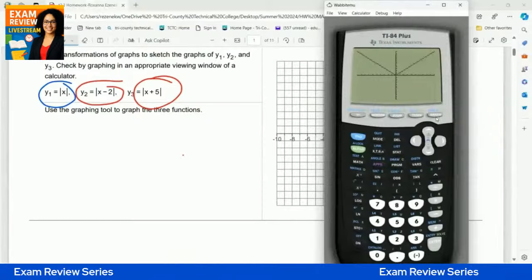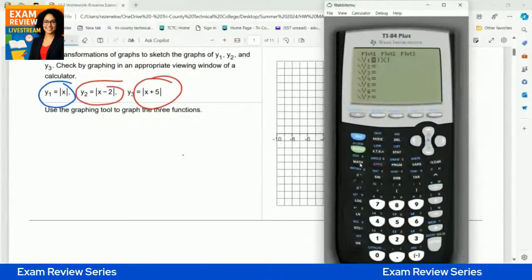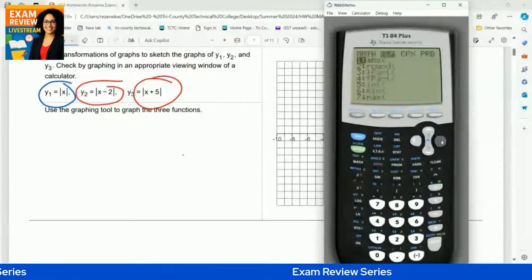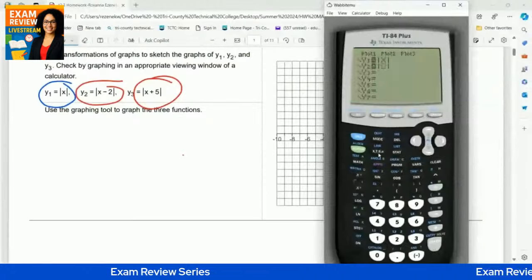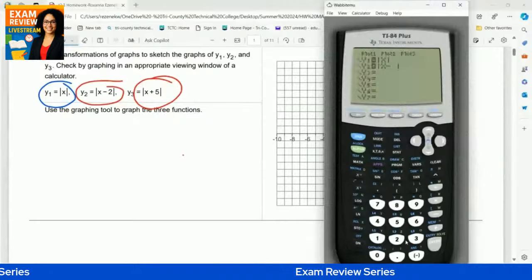Now I am going to do a horizontal translation. So I'm going to pull that down, and I go back, get absolute value. Remember, it is math, numbers, absolute value, and then I have x minus 2, this minus.